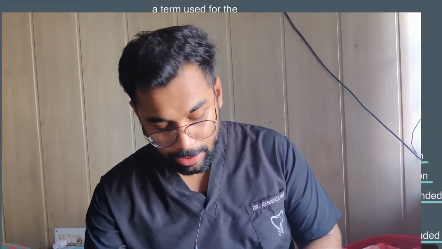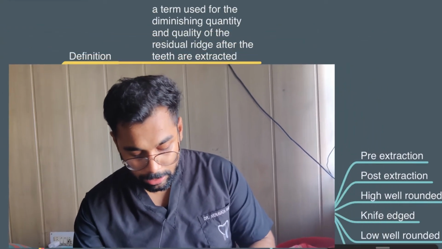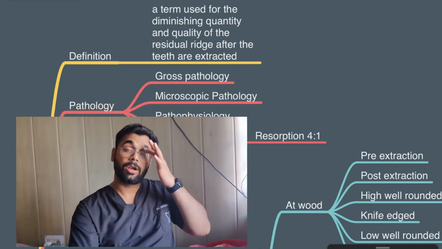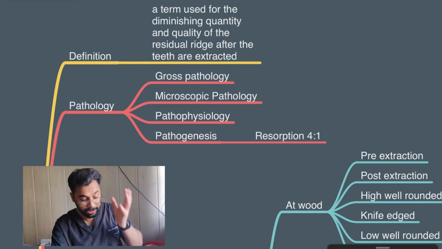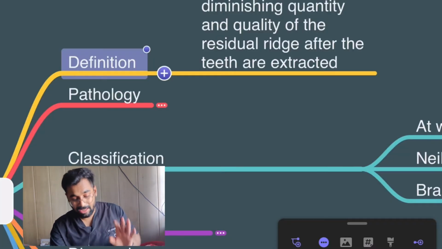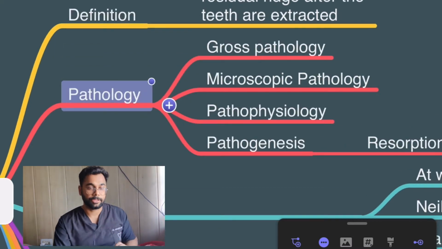We'll discuss mainly gross pathology, microscopic pathology, pathophysiology and pathogenesis of RRR. Let's not complicate the stuff. I'll explain as simply as possible.